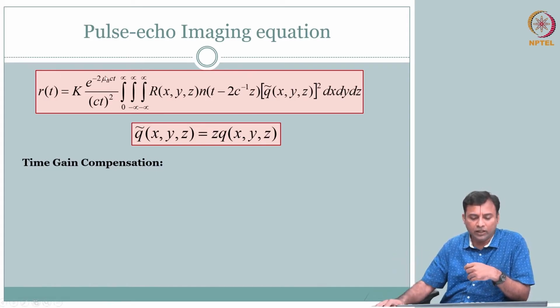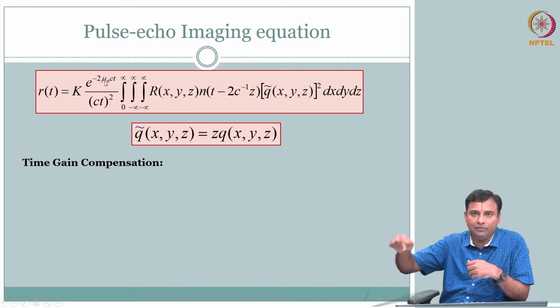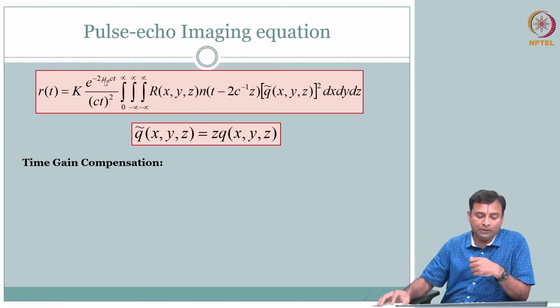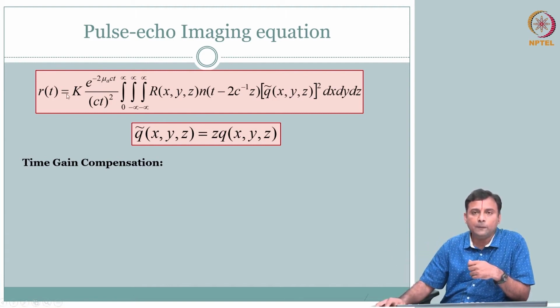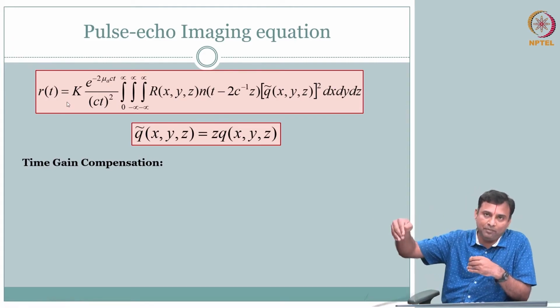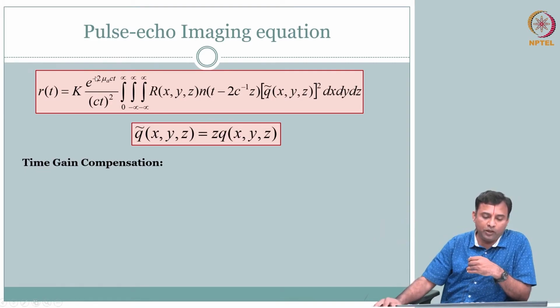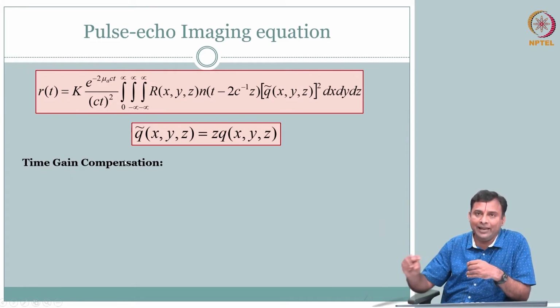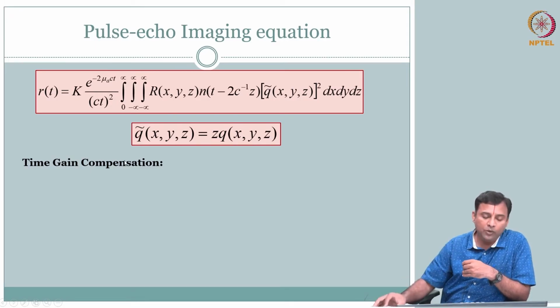So, this is all talking about the amplitude correction factors, and this is decaying with time. We know the signal that is coming from further time is going to be smaller because it is decayed, and so you can give a compensation gain, you can increase the gain. How is that gain given?